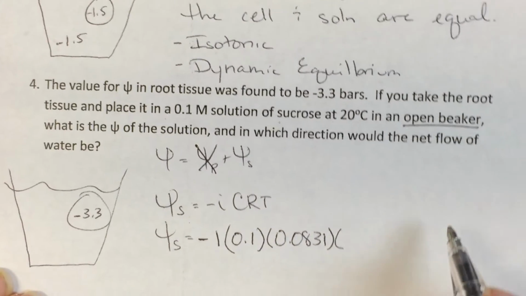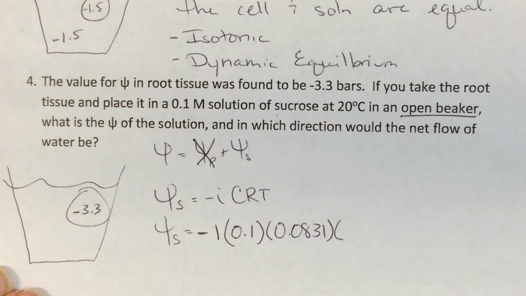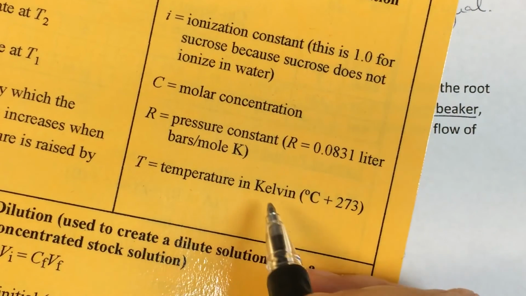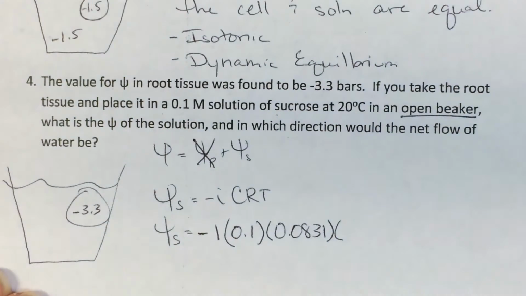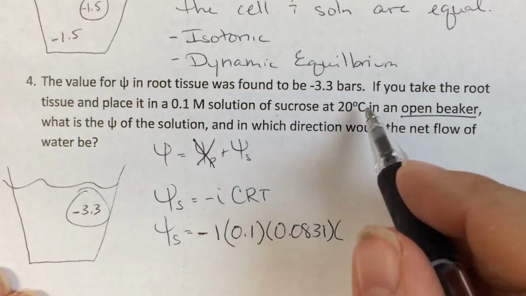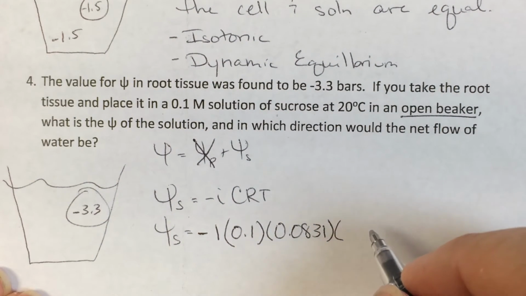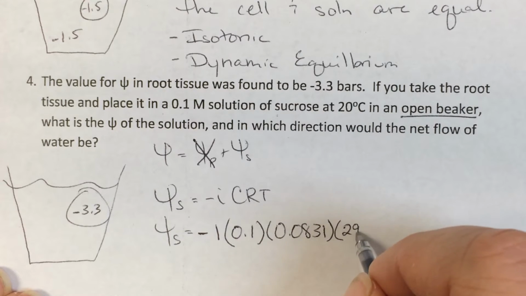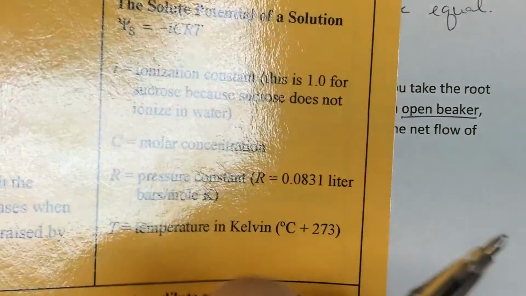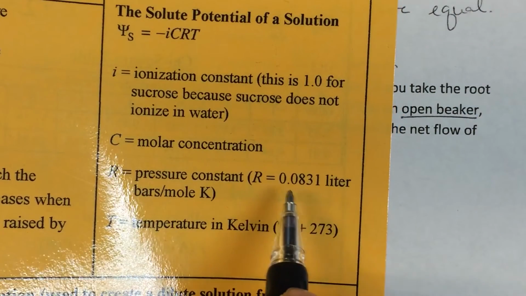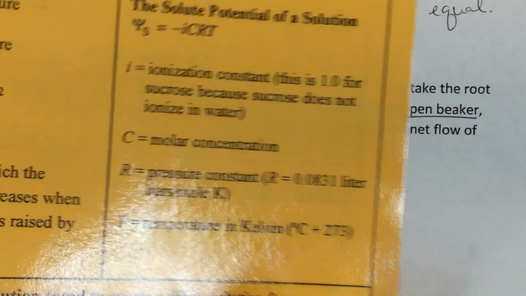Now, our temperature is given to us in Celsius, so you need to remember that you always have to convert temperature into Kelvin. So it's Celsius plus 273. A temperature of 20 plus 273 gives us 293. And by the way, that 0.0831 is our pressure constant. It will always be 0.0831.